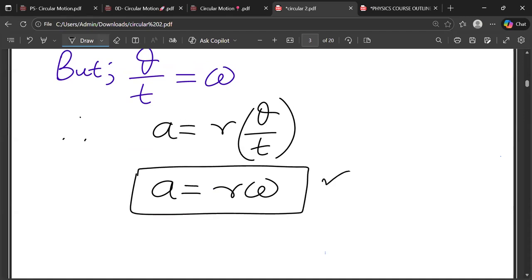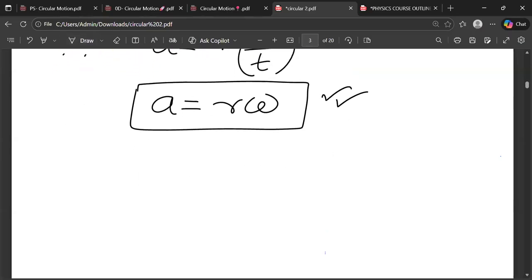So this is a formula of centripetal acceleration. But remember, we can still come up with other formulae. Not only that. So you look here. That is one formula. Hope you people know that this is a v. Let me write it well, like that.